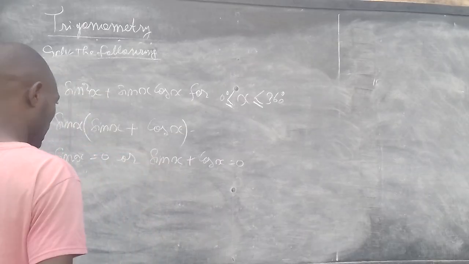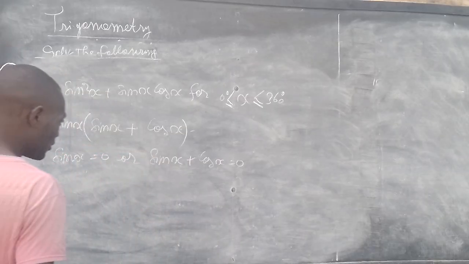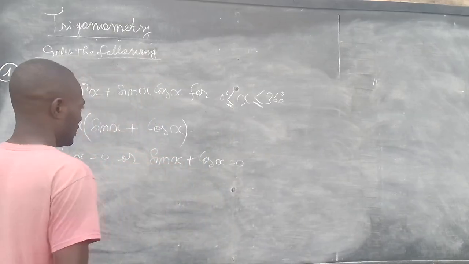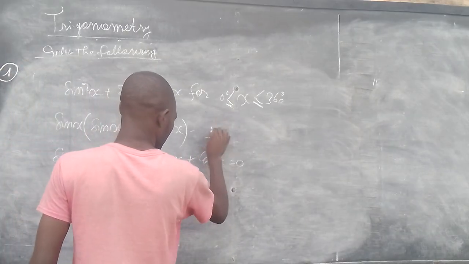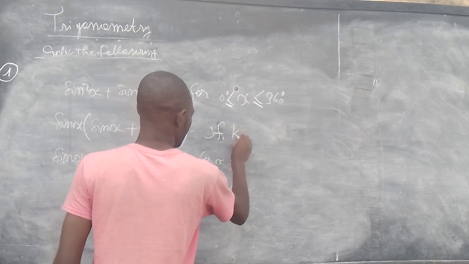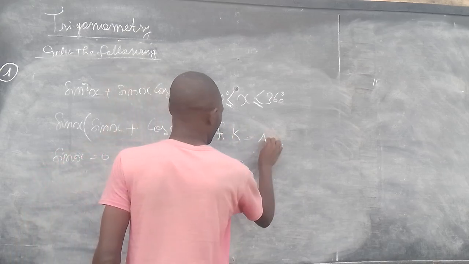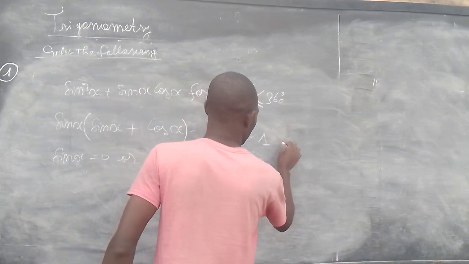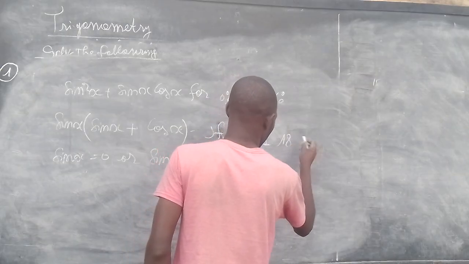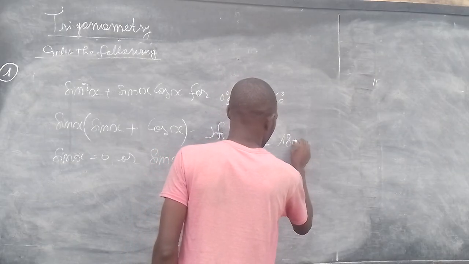So here, if k equal to 1, we will have 180 degrees.